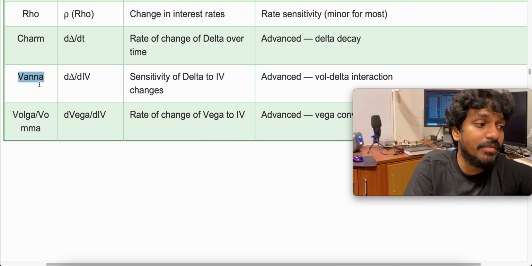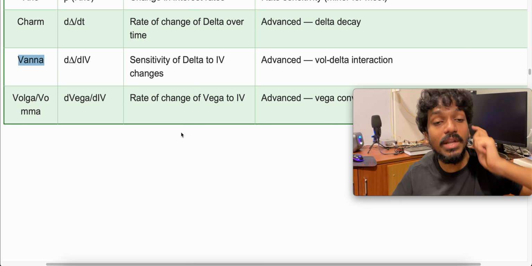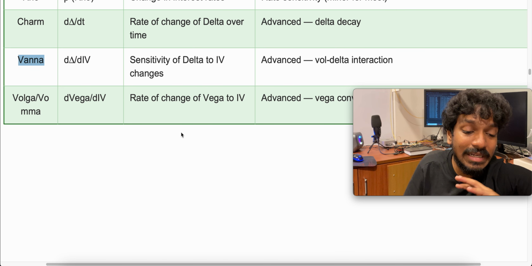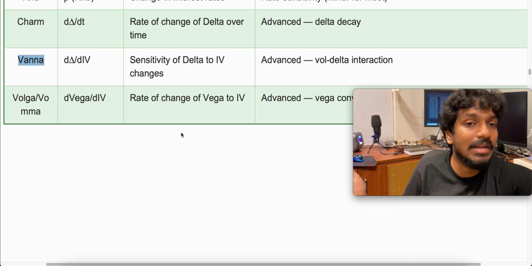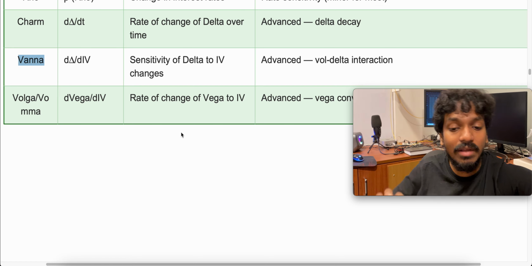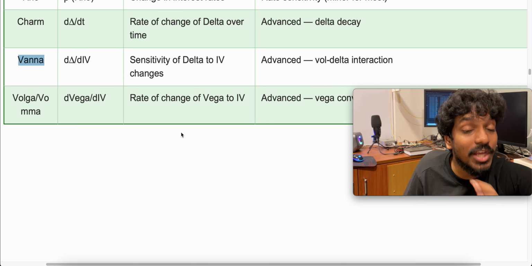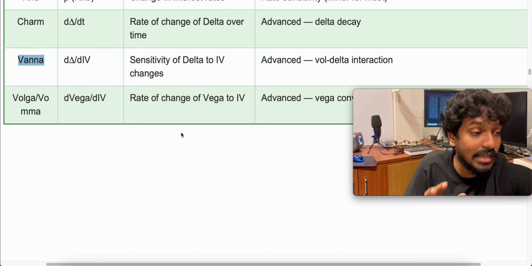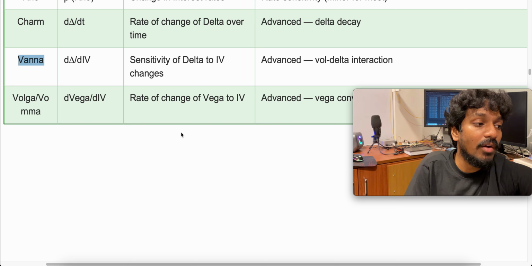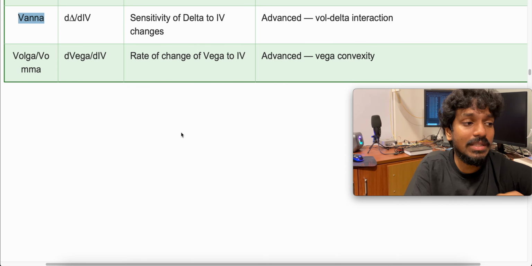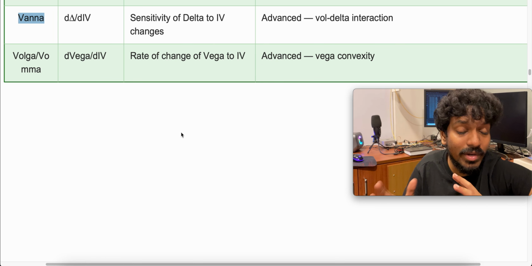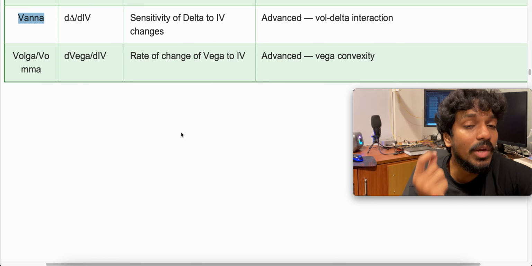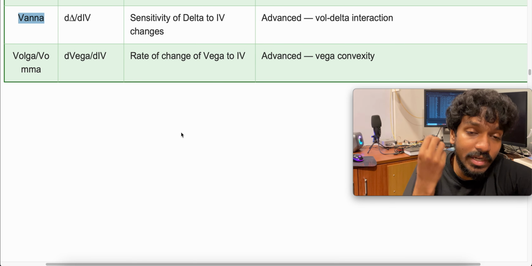And next one is Vanna. Vanna is nothing but the relationship between the delta and the volatility happening inside the market. With the delta and the volatility, what kind of change can happen? For that, Vanna is used. And Volga is nothing but the rate of change in vega with the volatility. You compare with this and you get some value, which is the Volga.